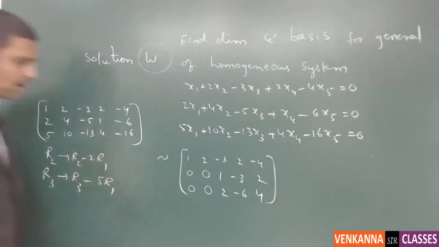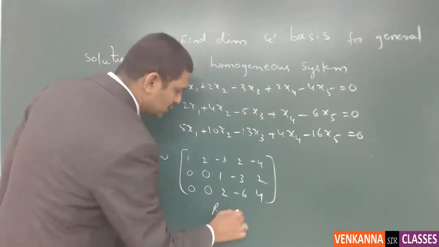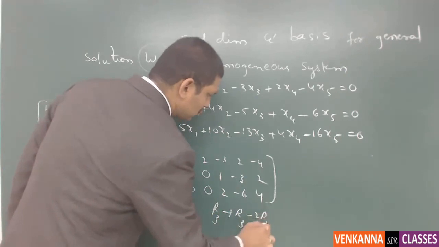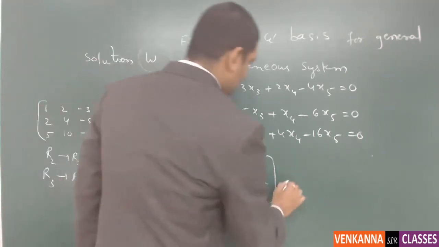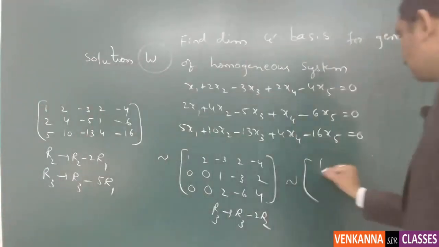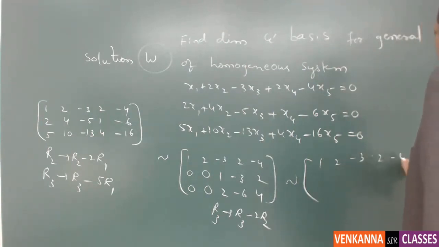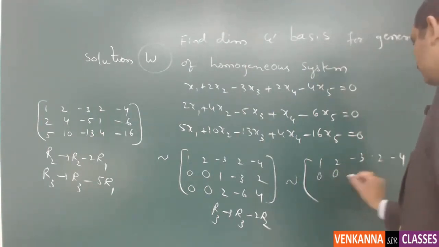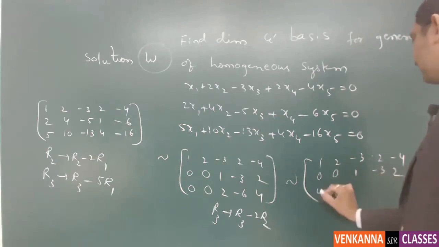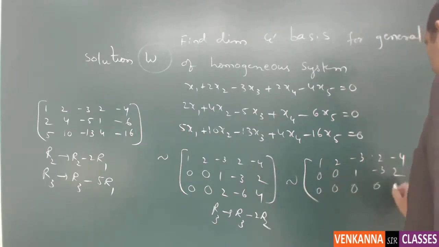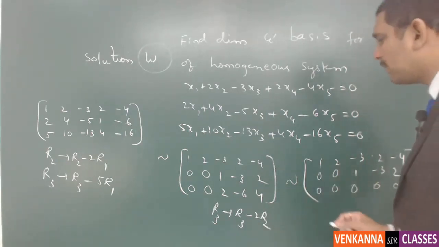Again applying the operation R3 tends to R3 minus 2R2, we get 1, 2, minus 3, 2, minus 4; 0, 0, 1, minus 3, 2; and 0 in the last row. So could you check on my values?